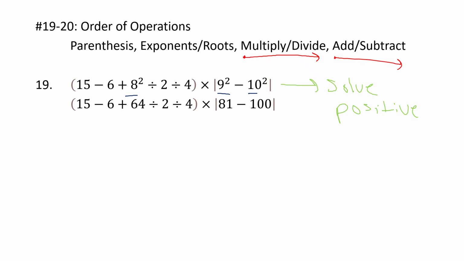Now within our order of operations, we're going to multiply and divide together from left to right. So here's my first division. I actually went ahead and did this while I was doing my parentheses. So 64 divided by 2 is 34. Nope. 64 divided by 2 is 32. 81 minus 100 is negative 19.